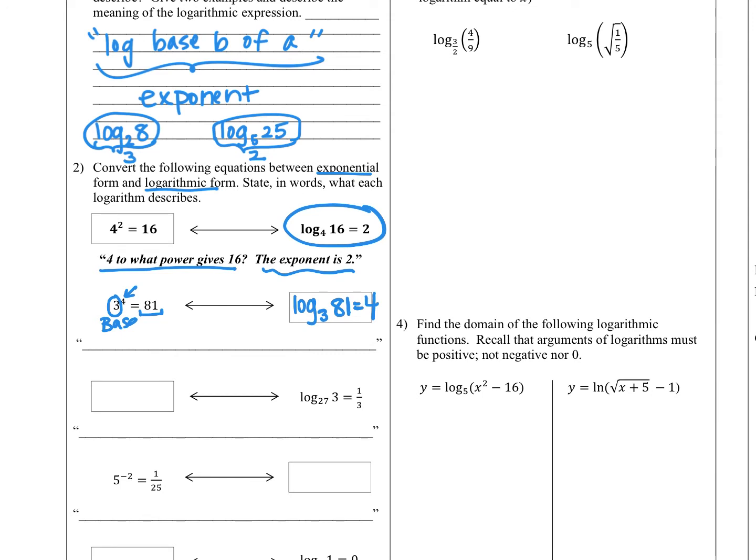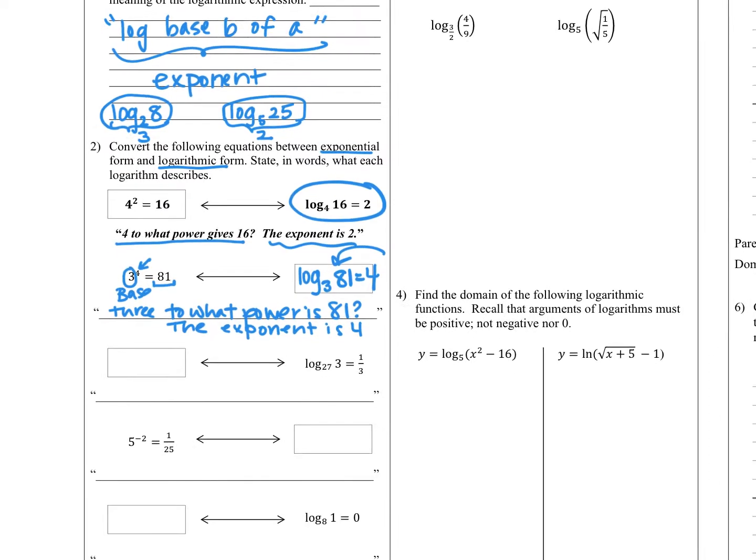Okay, so really, again, it's saying like 3 to what power is 81, and the exponent or the power is going to be the 4. So our log base 3 of 81 is 4.